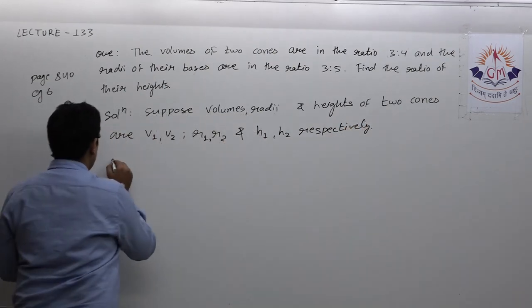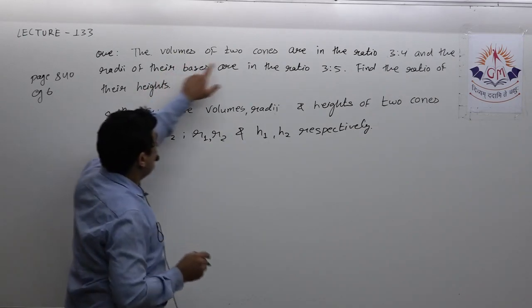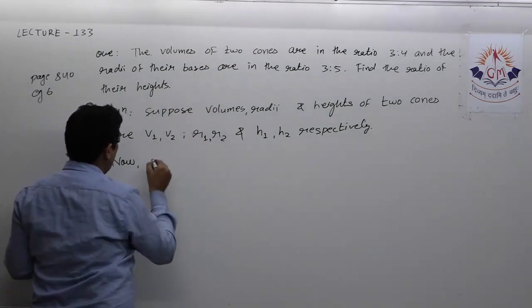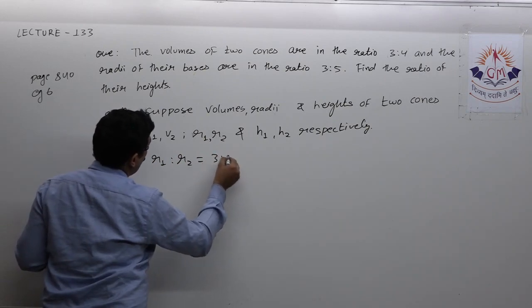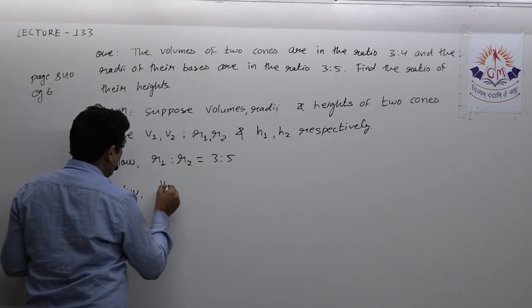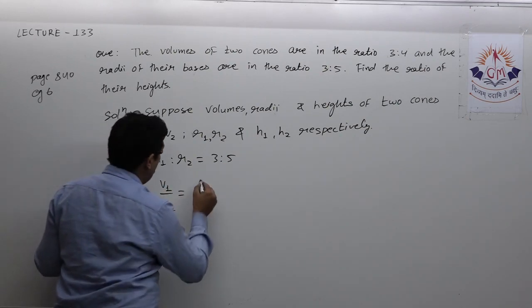Now it is given the volumes are in the ratio 3 is to 4 and the ratio of the base radii R1 is to R2 is equal to 3 is to 5. Also V1 upon V2 is equal to 3 is to 4.